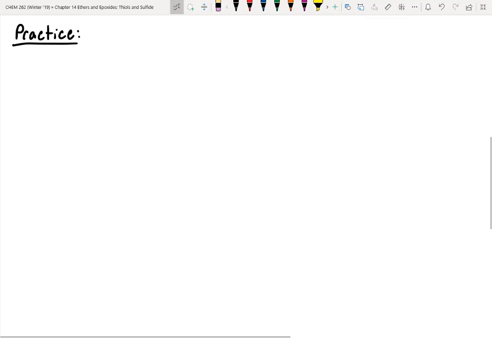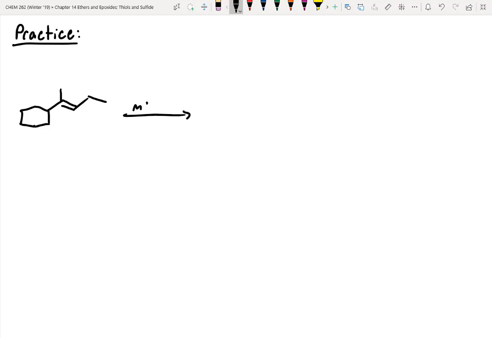Oftentimes predicting the stereochemistry is a little bit tricky. So for this one, we're going to have an alkene like this. We're going to treat it with MCPBA. I want you to determine what product or products you get out from this reaction and include any relevant stereochemistry.